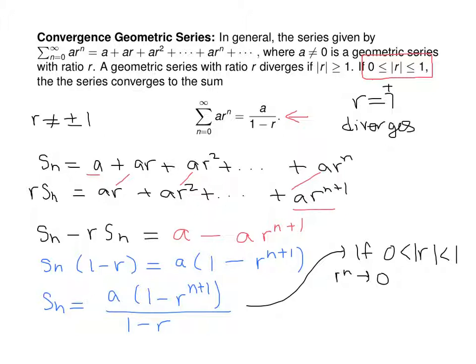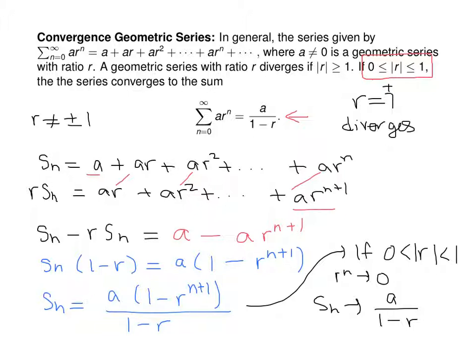So thinking about, say, multiplying something like a half by itself repeatedly, 1/2, a quarter, an eighth, a 16th, etc., that's eventually going to go to 0. And thus, s sub n is going to go to a over 1 minus r.